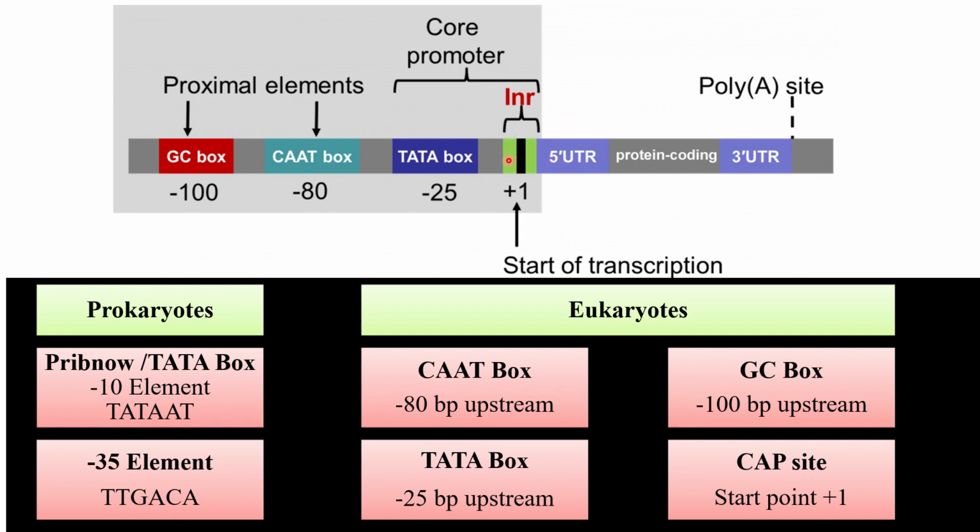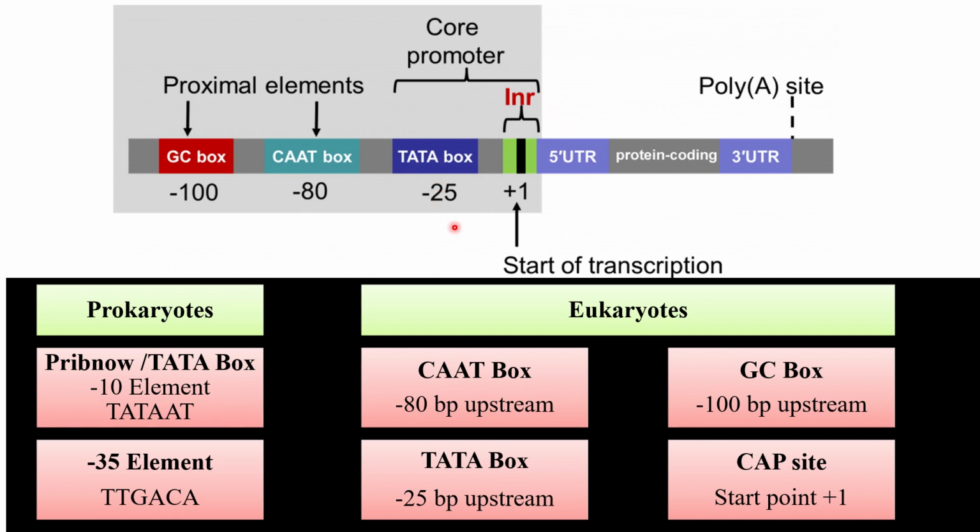From this initiation start site, the upstream sequences vary in different organisms. These sequences may vary from 100 to 1000 bases. The most important is the TATA box. In prokaryotes it is present at -10 upstream, while in eukaryotes the TATA box is present at -25 base pairs upstream.